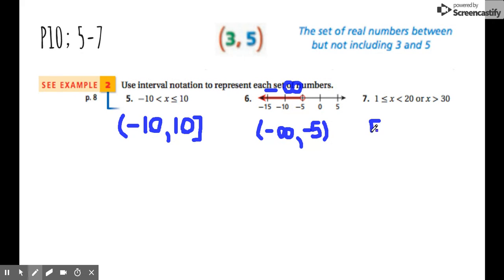Okay, number 7 includes 1, bracket, does not include 20, parenthesis.